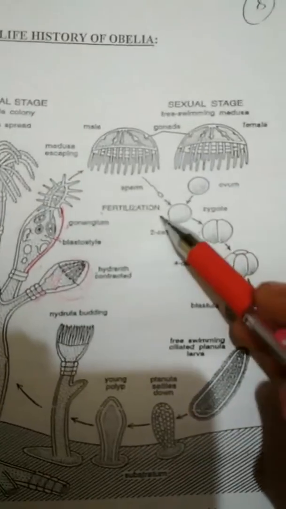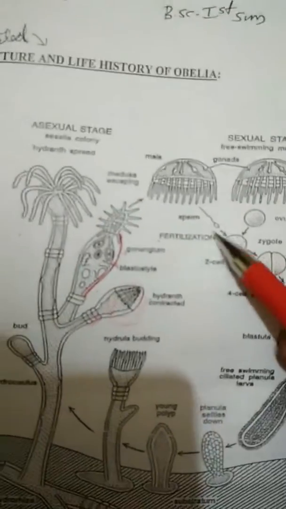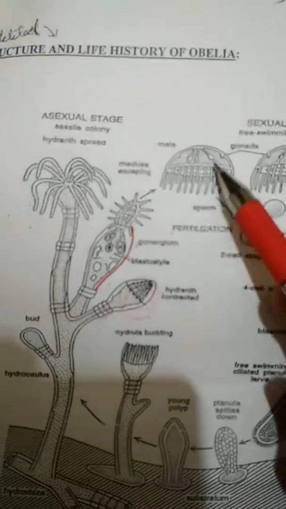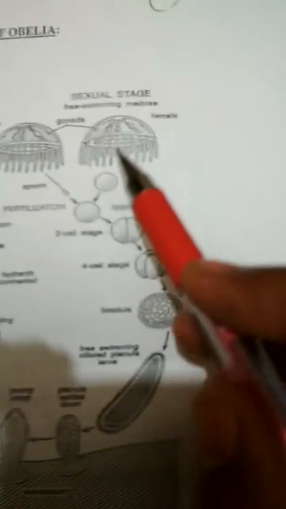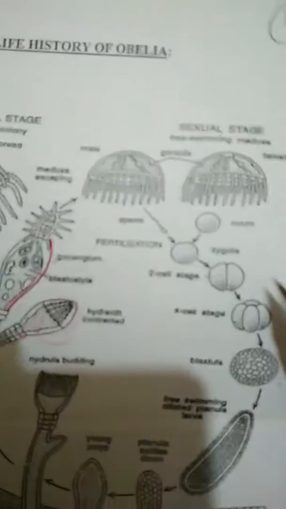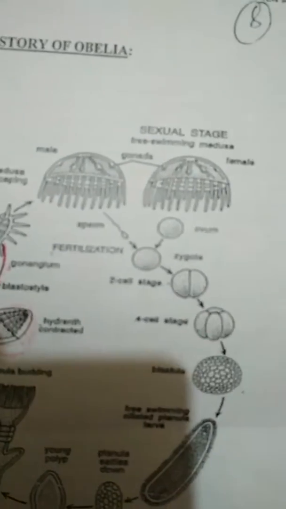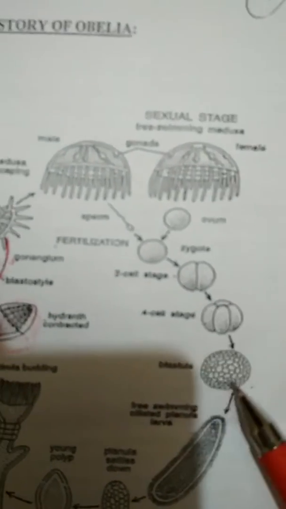When the male cell and female cell are released, they together form a zygote. The zygote develops into a blastula stage.